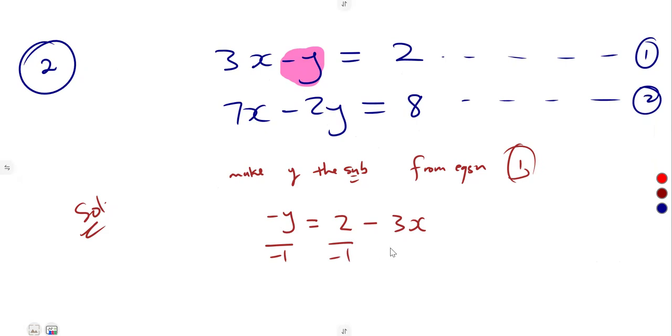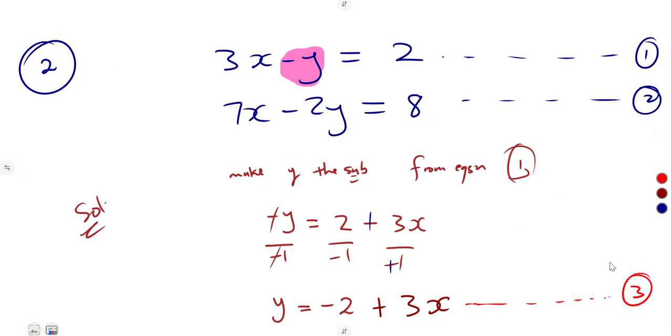Divide by minus 1 throughout so that we obtain a positive. So y is equal to 2 divided by negative 1, that's negative 2, and negative 3x divided by negative 1 cancels the negatives, so it's positive 3x. So I have y as the subject from equation 1. I'm going to name this one equation 3. Remember what I said.